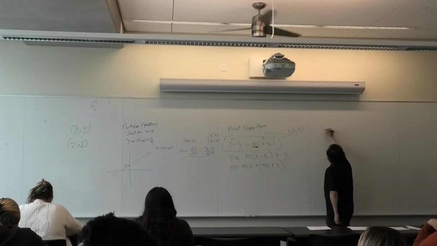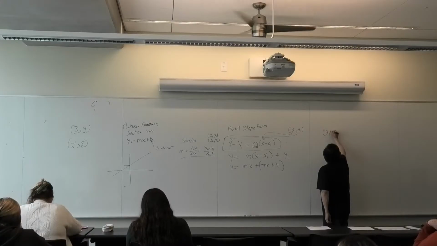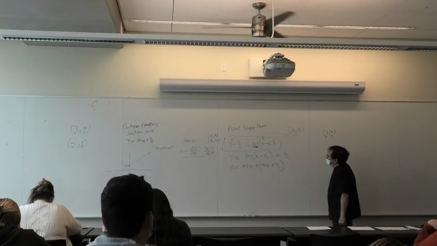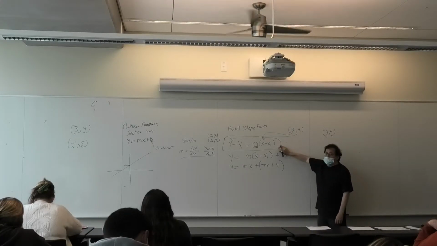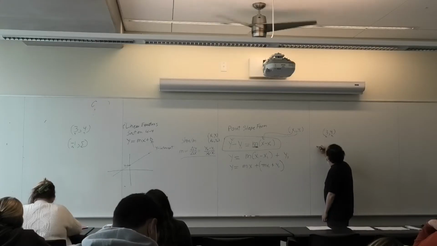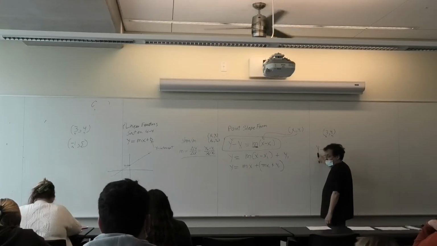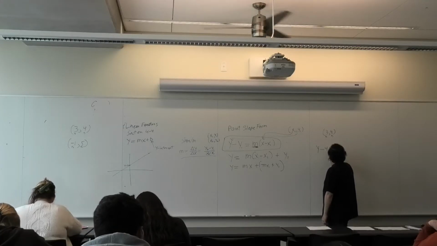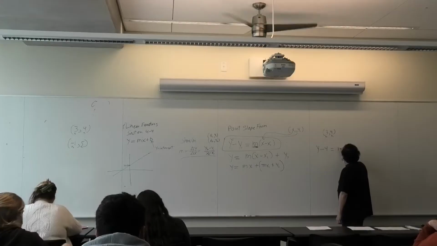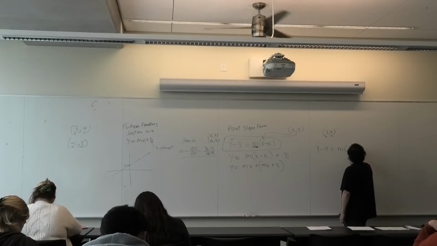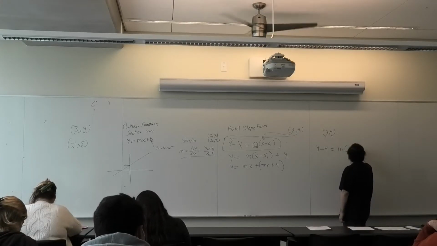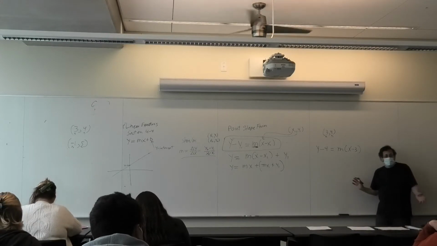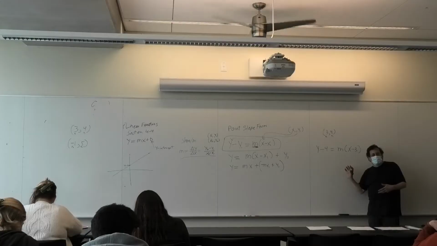So we got the point 3, 4, that's x1, y1. So I'm just going to rewrite this equation. Y, that's my variable, minus y1, equals m times x minus 3. Now that's my equation. That's what I'm looking for.